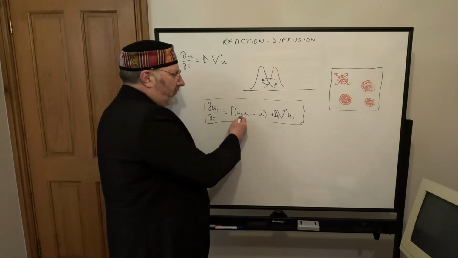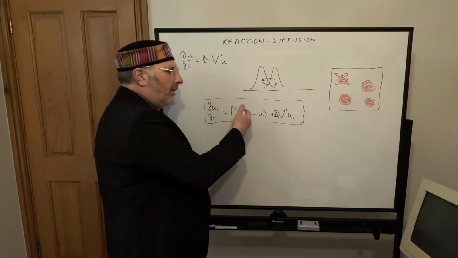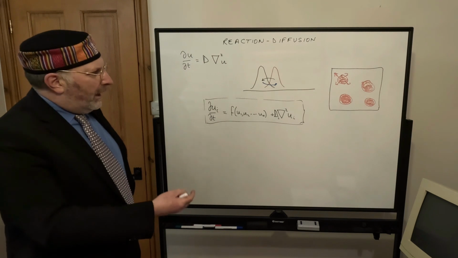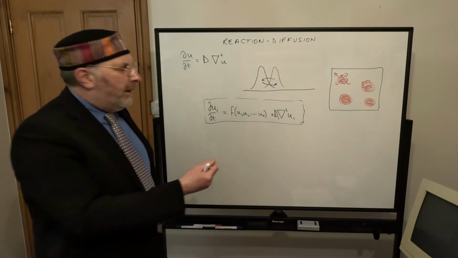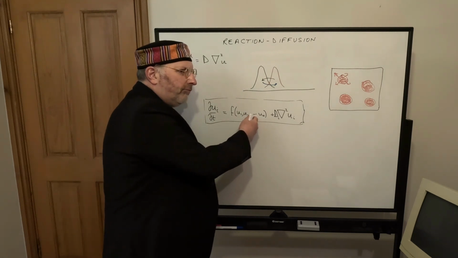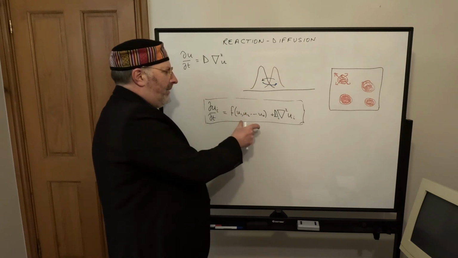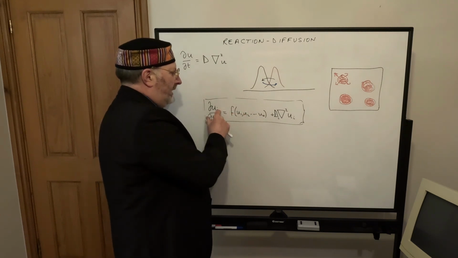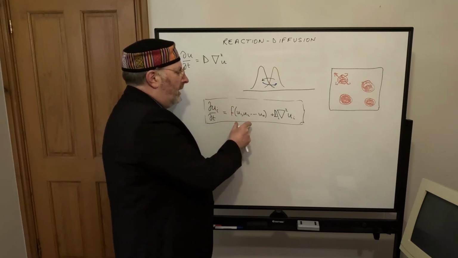So what's happening in a city may depend on the concentration of other things, like the population, the existing technology, the available resources. Things like that will affect the development of new technology, let's say, and will affect the change in the population.